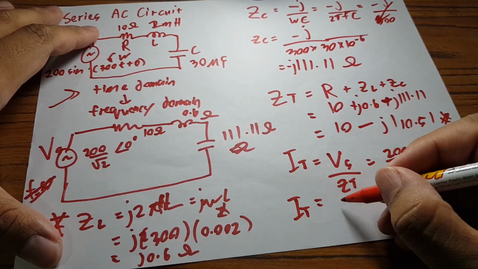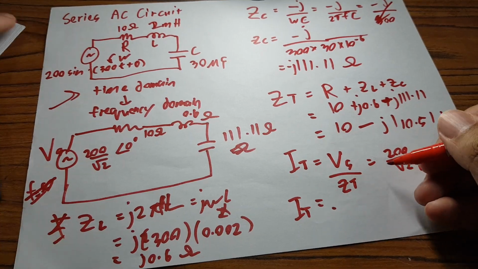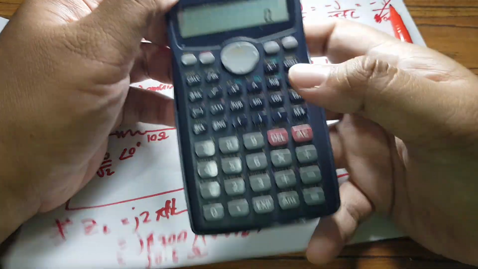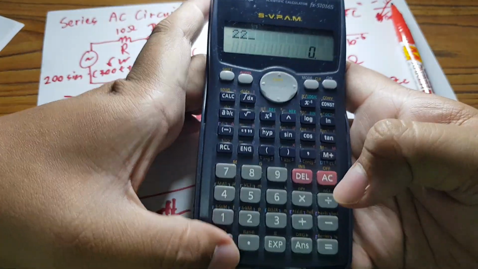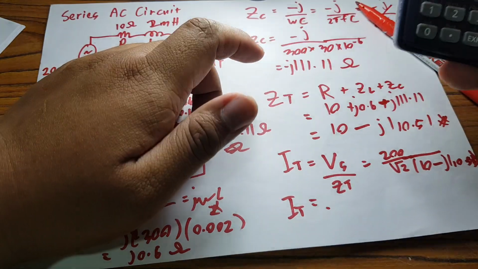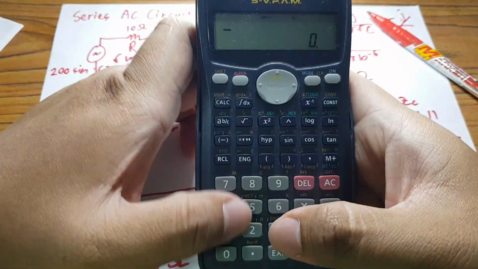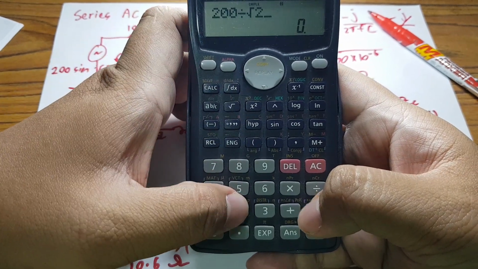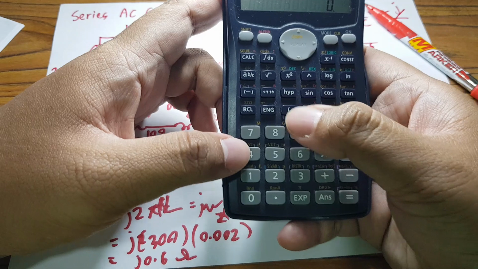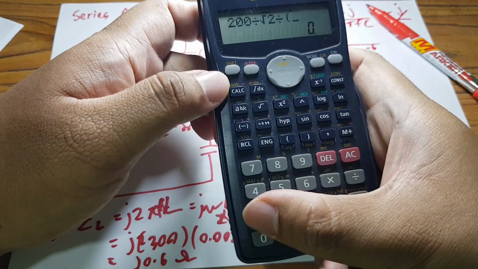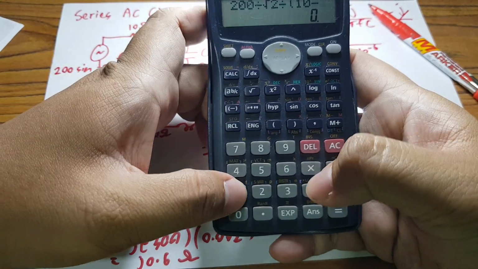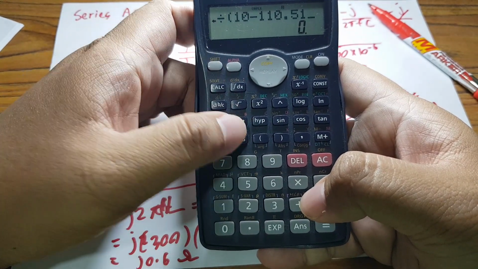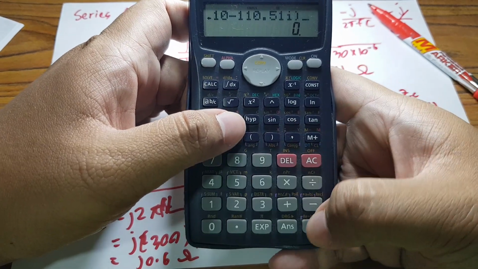So IT equals 200 divided by square root 2, divided by, don't forget the bracket, 10 minus j 110.51. No need to shift, okay.